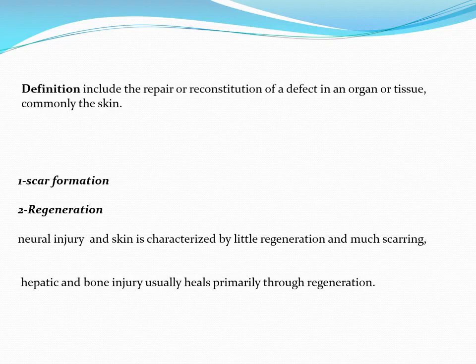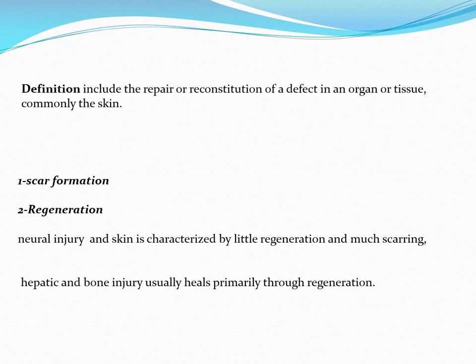Some tissues have little scar formation and a lot of regeneration. Other tissues have little regeneration and a lot of scar formation, and that depends on the type of tissue and type of injury. An example: neural injuries and skin injuries are mainly characterized by scar formation, and that causes the tissue not to return to its natural function and look, and that's important.